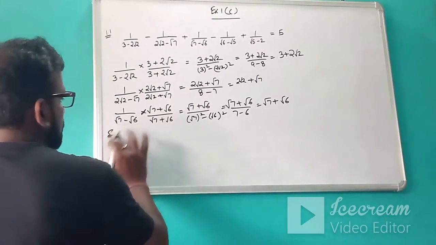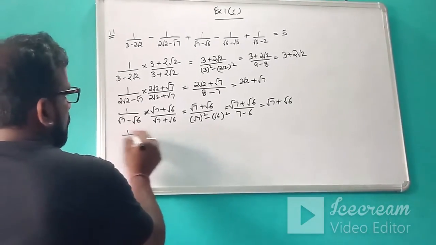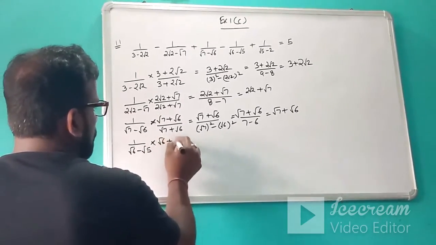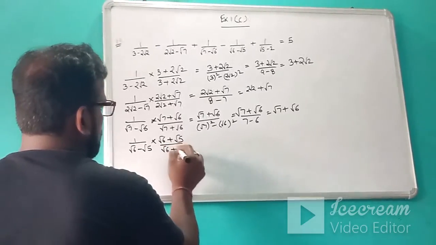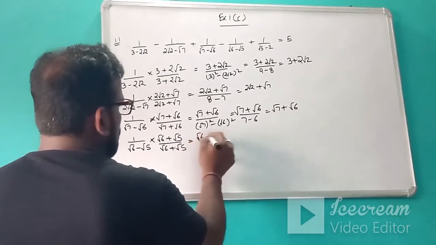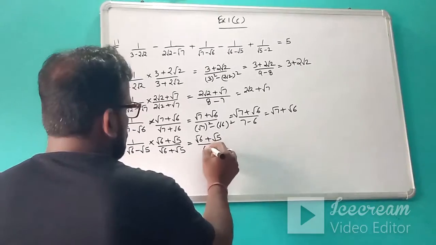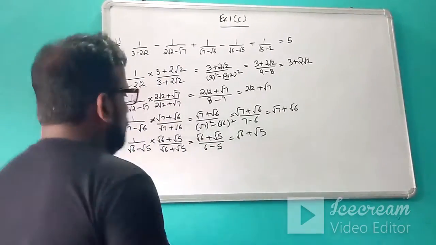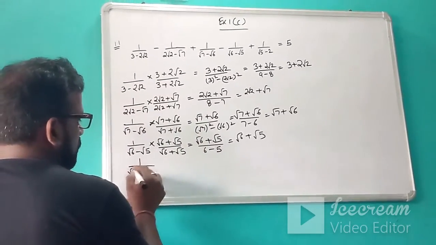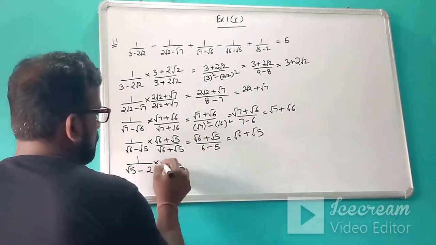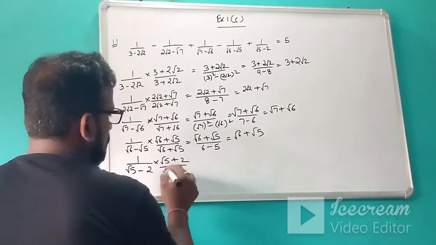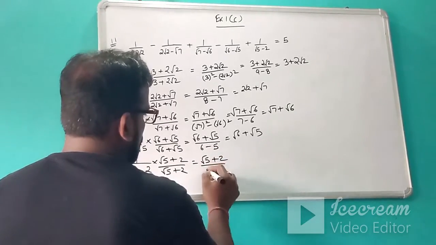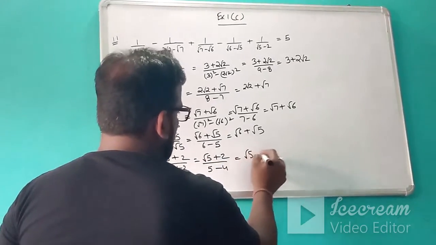Similarly, 1 upon root 6 minus root 5, multiplying by root 6 plus root 5, 6 minus 5, so it is root 6 plus root 5, and the last term, root 5 minus 2, 5 minus 4, that is root 5 plus 2.